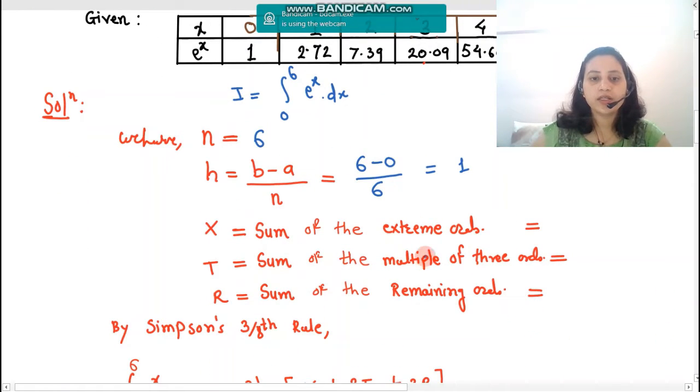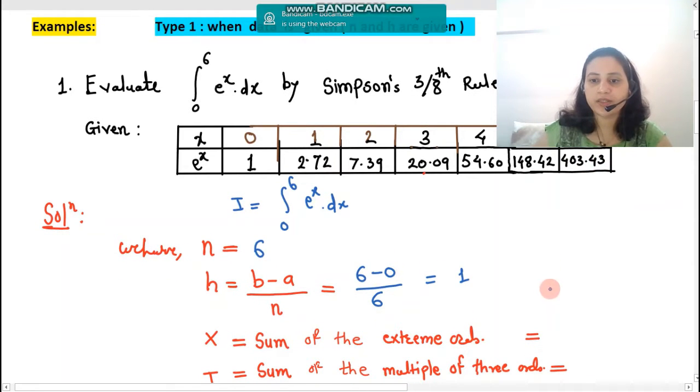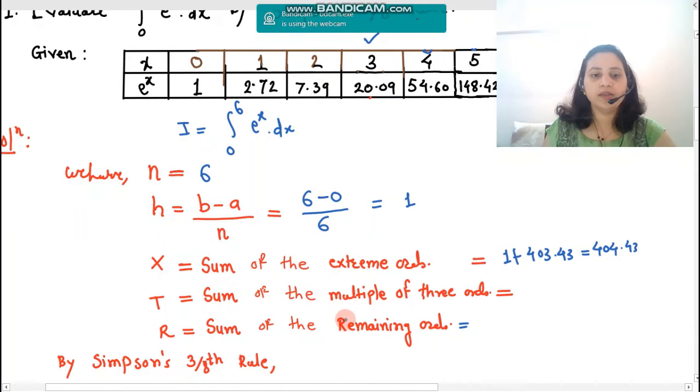Now find X, that is the sum of the extreme ordinates. Extreme means the first and last ordinate. Here the first ordinate is 1 and the last ordinate is 403.43. So adding these, 1 plus 403.43 is equal to 404.43. Now let's find T, the sum of the multiples of 3.